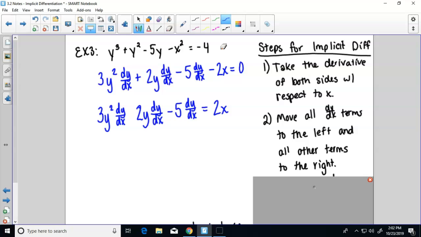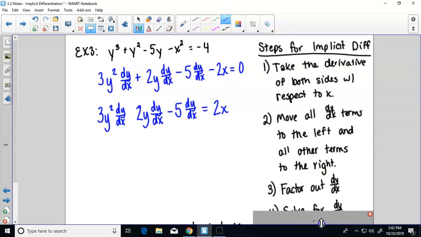Okay, and the reason that we want all the dy dx terms on the left on one side is because the next thing we're going to do is factor out the dy dx. So if we factor out the dy dx, it'll look like this.